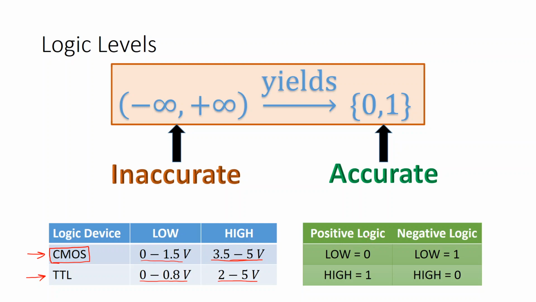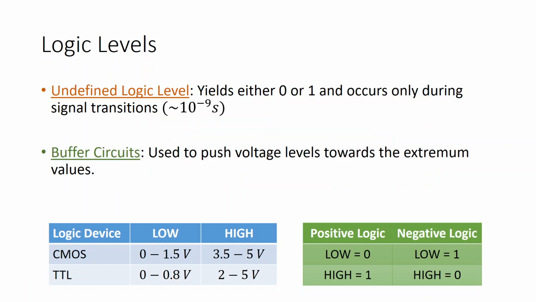Now if we assign low as 0 and high as 1, then we are working in the positive logic system. When we assign low as 1 and high as 0, then we are working in the negative logic system. We already discussed this before. Now note that between the highest value of the low level and the lowest value of the high level, there is a gap.